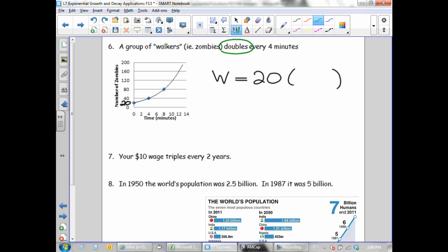So if we're at 20, right here, how many zombies do we have when we double 20? 40, right? That's pretty obvious. So where's 40? It's right here. After getting 40 zombies, that'll double again. And doubling that gets you to 80.